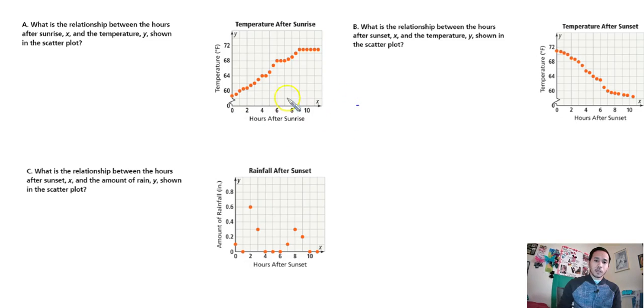Based on the graph, it's increasing as the number of hours after sunrise increases, so does the temperature. The y values tend to increase as x values increase. So that is the relationship between your x and y. The two data sets have a positive association.